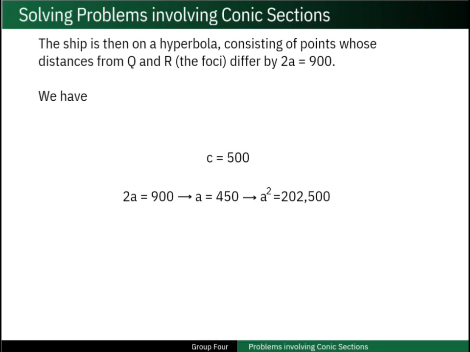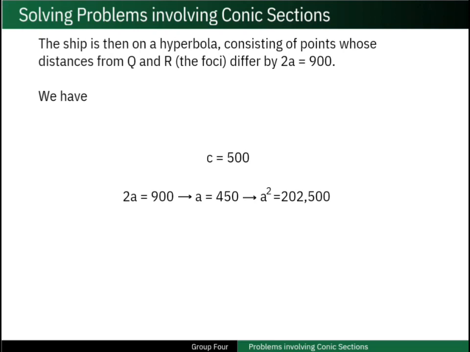Now, we have C here as 500 because it is the distance between the focus and the center. And we know that C stands for the distance between the center and a focus. So as we can see here, we have 2A equals 900, then A equals 450, and A squared is equal to 202,500. To find A, we just divide both sides by 2.